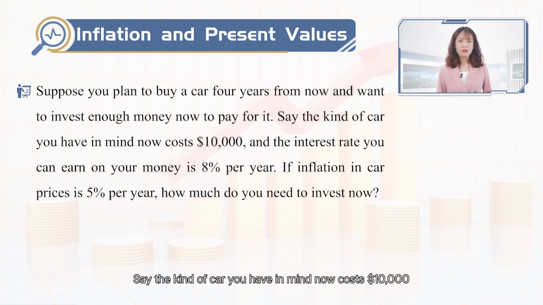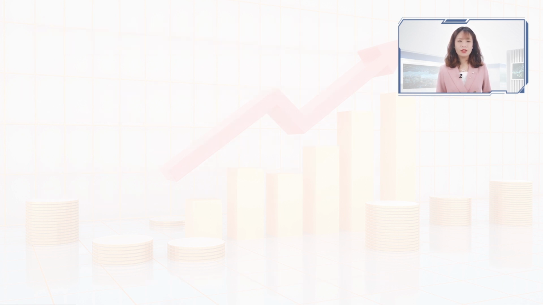Say the kind of car you have in mind now costs $10,000, and the interest rate you can earn on your money is 8% per year. If inflation in car prices is 5% per year, how much do you need to invest now? So we should try to figure out the amount to invest now, and the inflation will be taken into account.